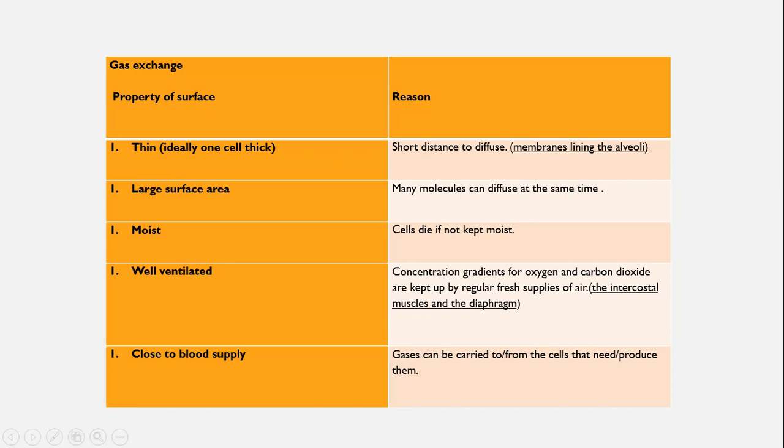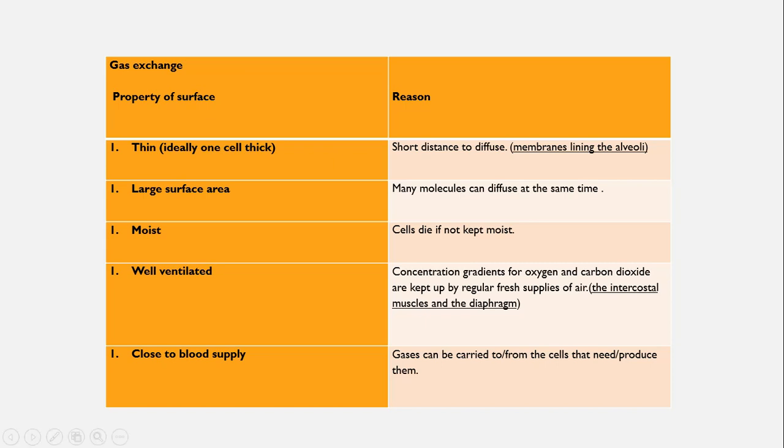First of all, it should be thin, so the particles or the gases can diffuse across a short distance. And this actually occurs at the wall of the alveolus that I'm going to talk about in detail after this. Also, they should have a large surface area.